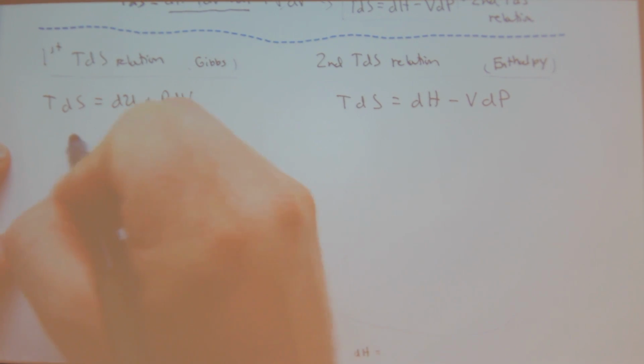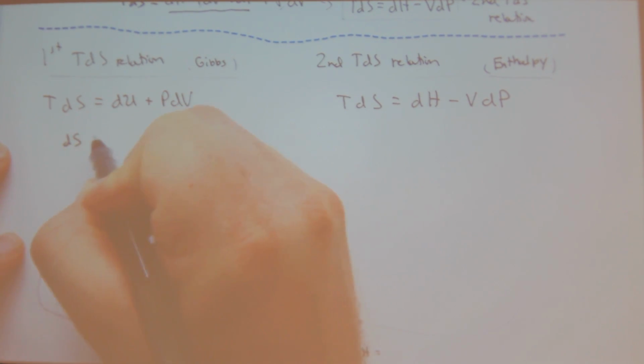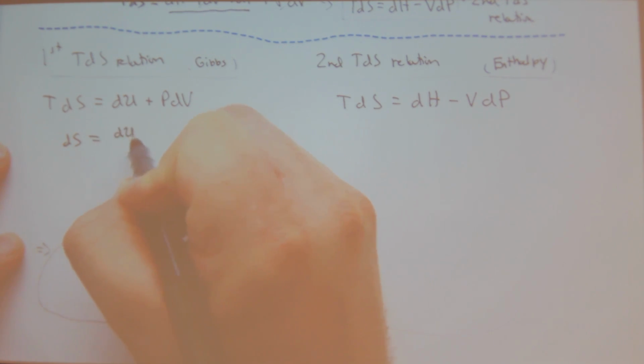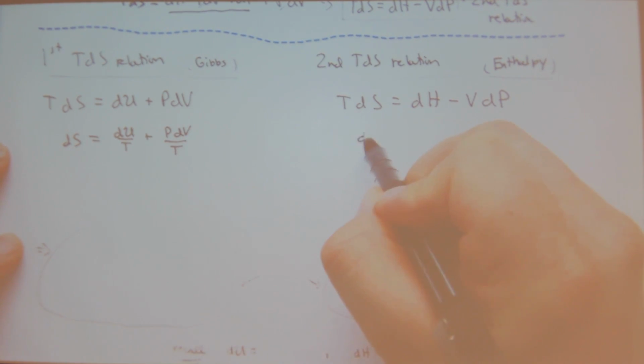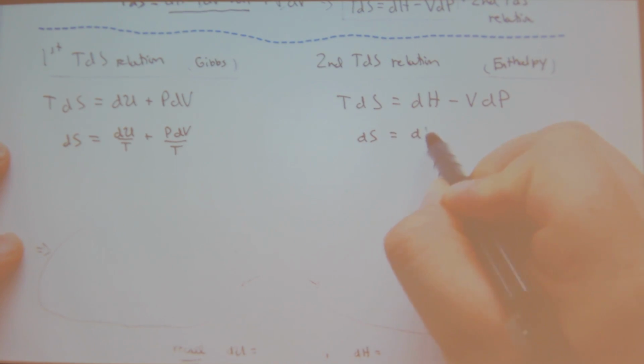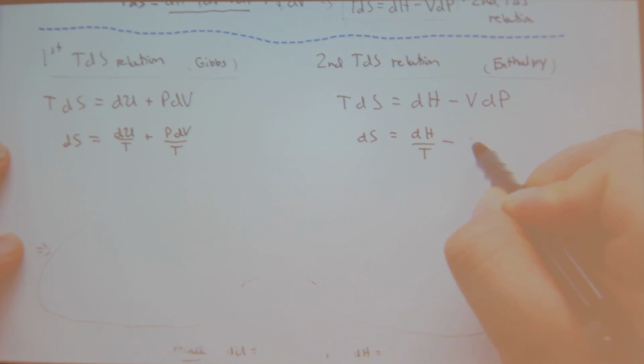I can divide by T, so dS is equal to dU over T plus P dV over T. Likewise, dS is equal to dH over T minus V dP over T.